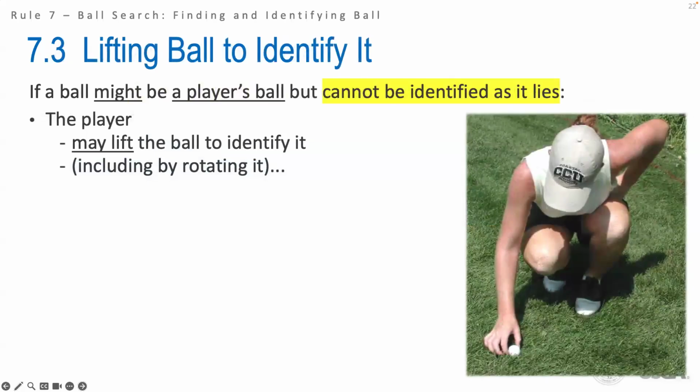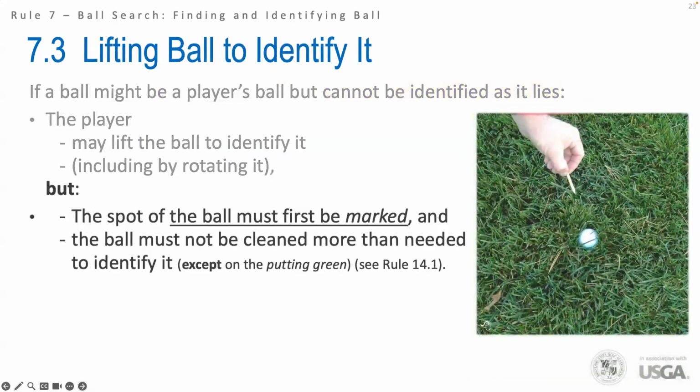So, lifting our ball to identify it. If a ball might be a player's ball but cannot be identified as it lies, the player may lift the ball to identify it. This also includes rotating the ball. However, the spot of the ball must first be marked, and the ball must not be cleaned more than needed to identify it.